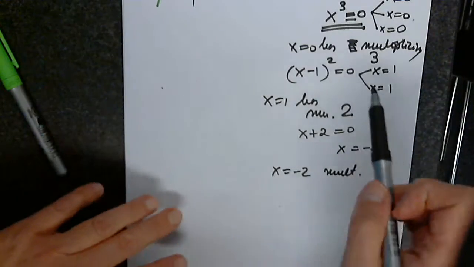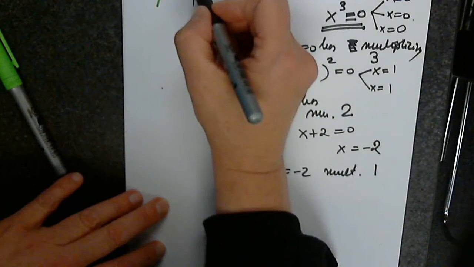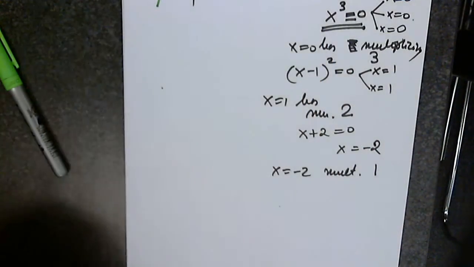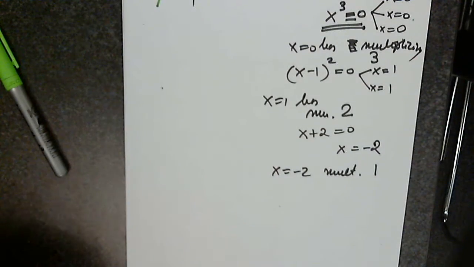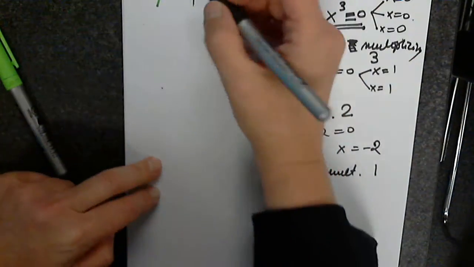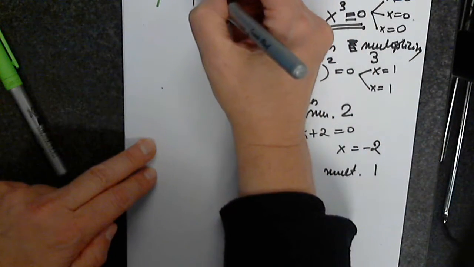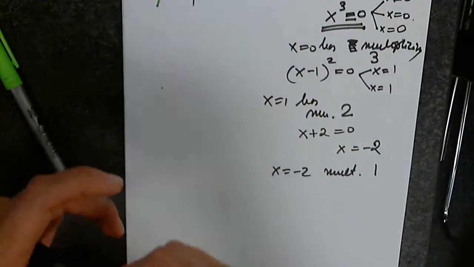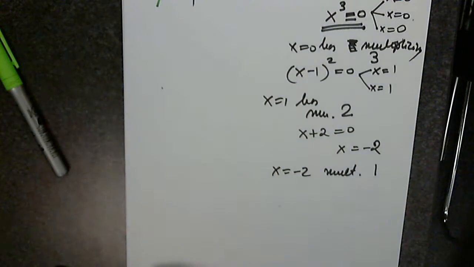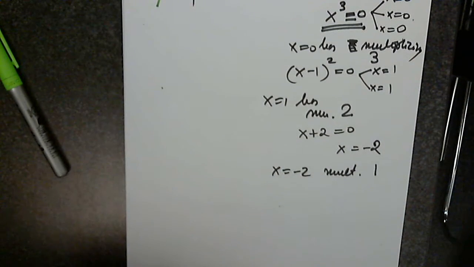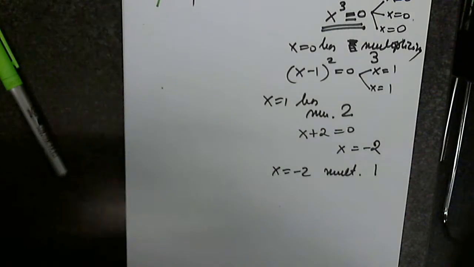Okay, for x equals 0, how will I graph that multiplicity? Right. And we know that because we graphed this when we talked about odd functions. So here's the multiplicity 3. Okay, so every odd multiplicity, 1, 3, 5, what will the function do?